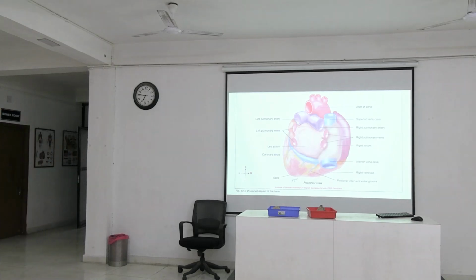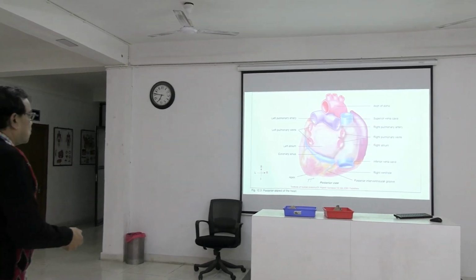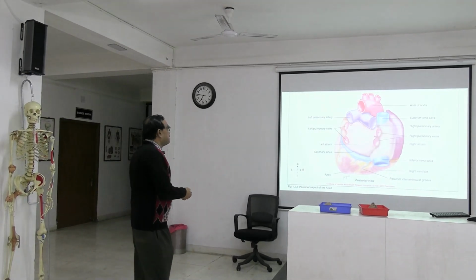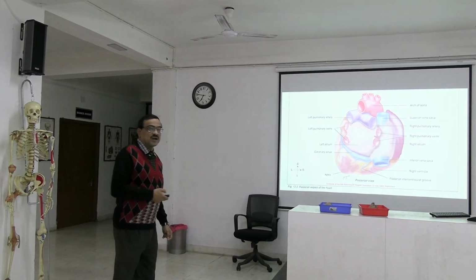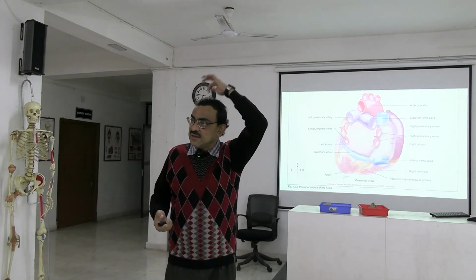This shows the base of the heart, and also you can see the coronary sulcus, where we can see a vein which is called the coronary sinus. This is the major drainage of the heart.